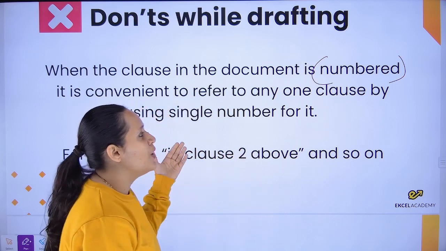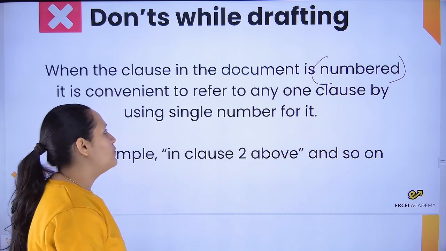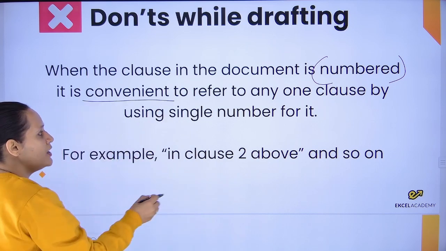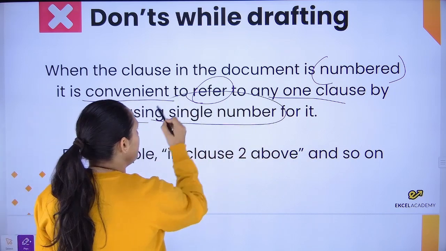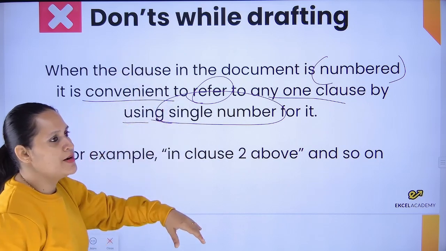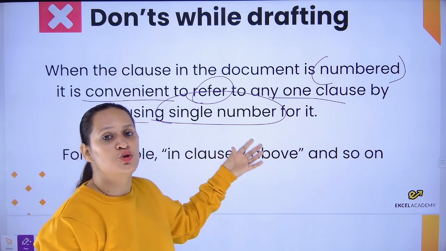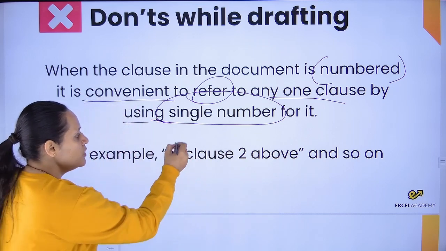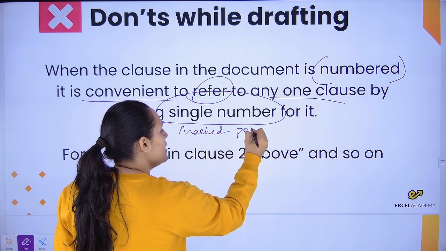Whenever you have a numbered document, with numbers for your paragraphs and points, it is very convenient to refer to any one clause by using that single number. Rather than a don't, they are trying to say that as far as possible, you should include properly marked numbers, points or paragraphs.